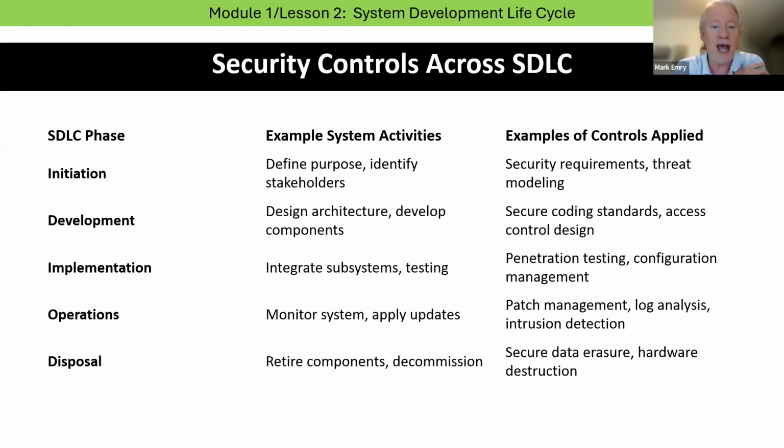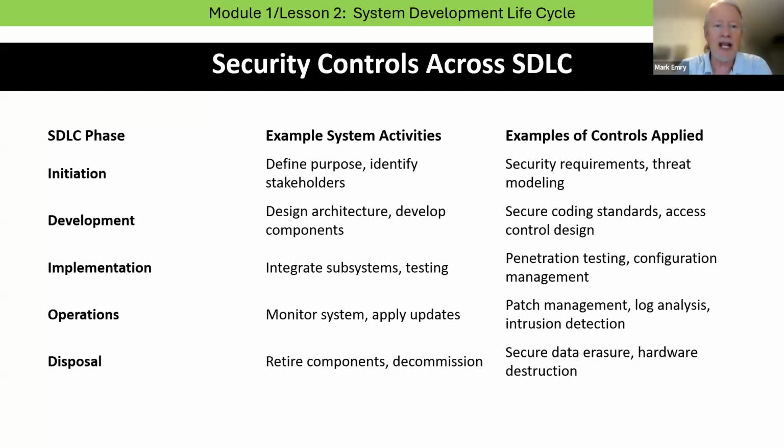We will explore this concept of protect, detect, respond, and recover more at the end of this lesson. For now, this table helps you see that the concrete security methods and tools, aka the controls, need to appear across the system lifecycle.